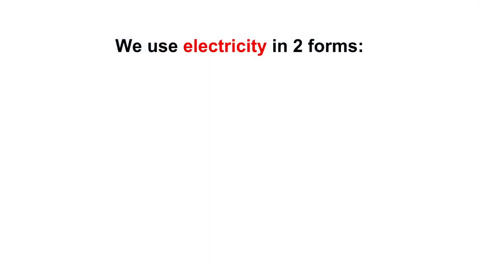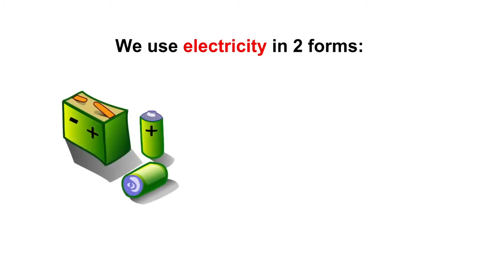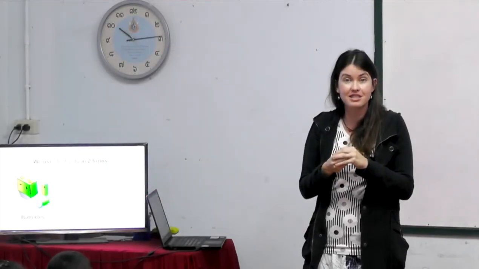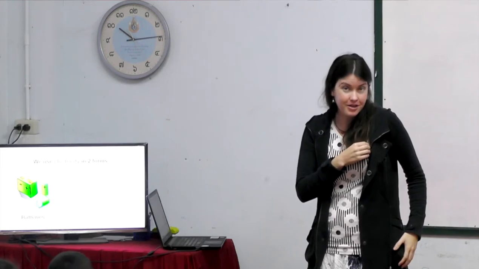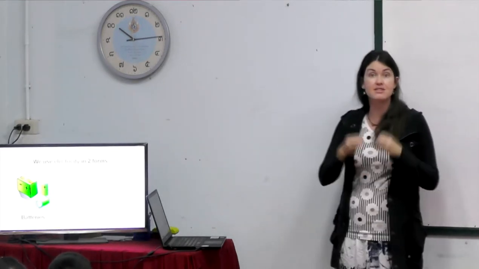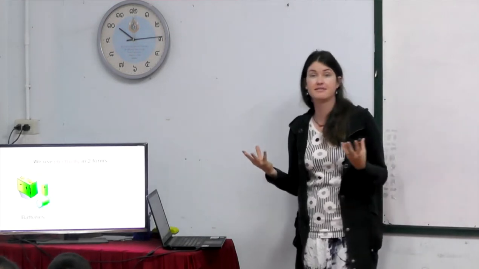And we use two different kinds of electricity. One kind we use are these called batteries. Batteries. Good. And batteries are tiny containers of energy that go into things like your flashlight or our microphone or sometimes your cell phone, and they make those things work with electricity.